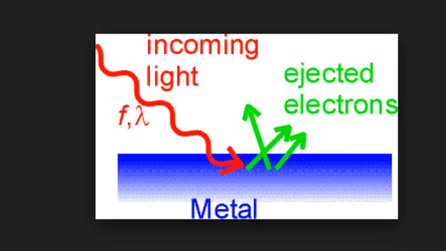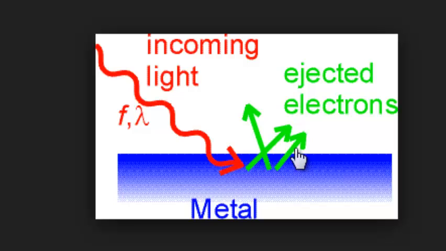The idea was that if you shone light on a piece of metal, you could get electrons to come off the metal. And you can measure that by, for example, detecting a current, because that's what a current is: moving electrons. The problem is that it only works above a certain frequency. You needed a high enough energy coming in before the electrons ejected out.